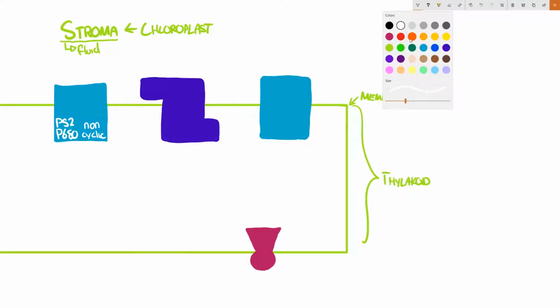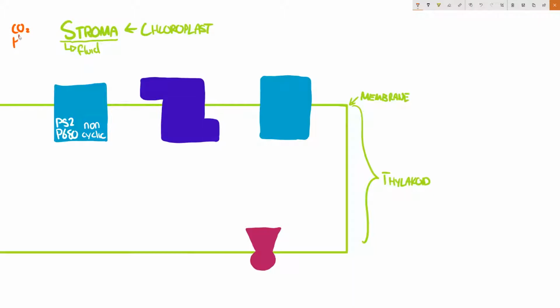Okay. The first stop, what do we need? We need carbon dioxide and water. The carbon dioxide is going to be for the Calvin cycle, so we don't need to worry about that right now.